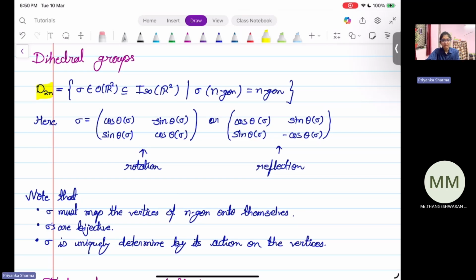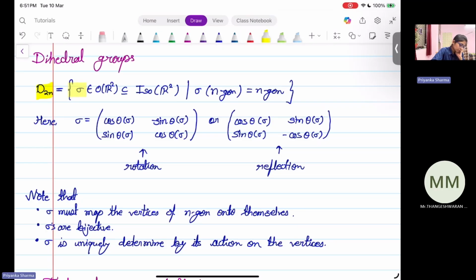D2n means the dihedral group which has 2n elements, that is, the dihedral group of order 2n and degree n. What is n here? This n is the number of vertices in the regular polygon, or D2n means the group of symmetries of a regular n-gon, we can say.